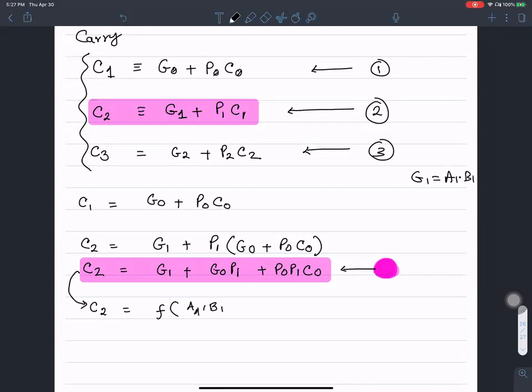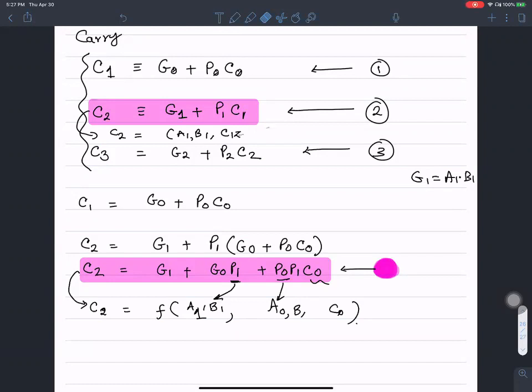So carry 2 is a function of A1 and B1, plus A0 and B0, and also A1 and B1 because of this term, then A0, B0, and C0. As opposed to the one on the top, where C2 is a function of A1, B1, and C1. C1 is in turn a function of C0.